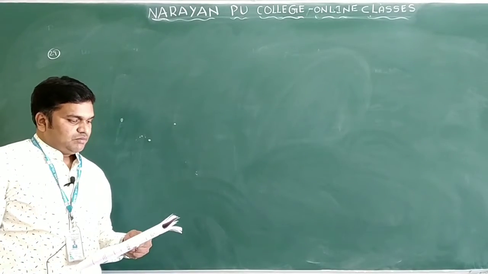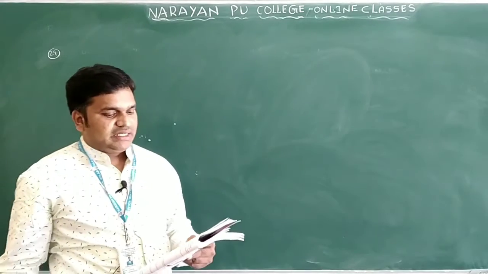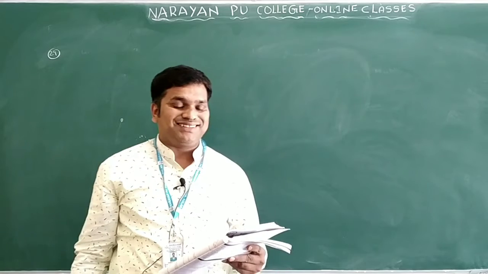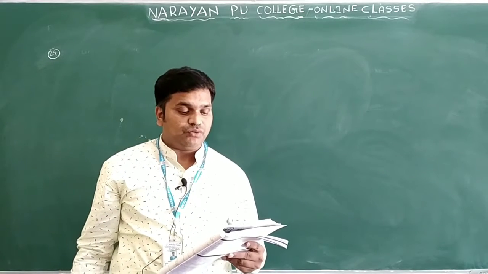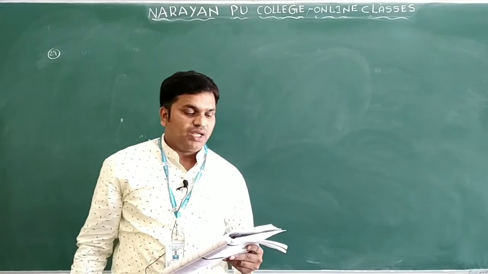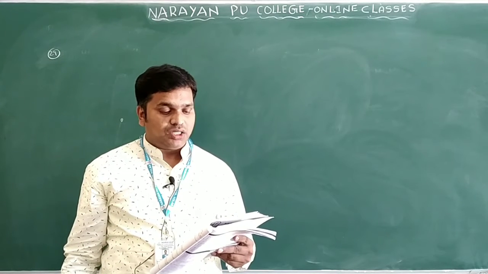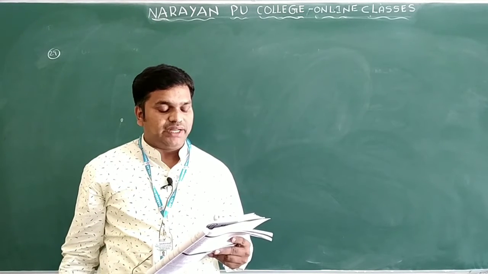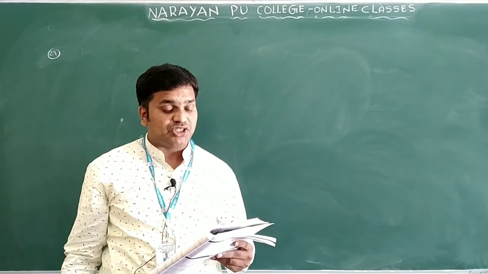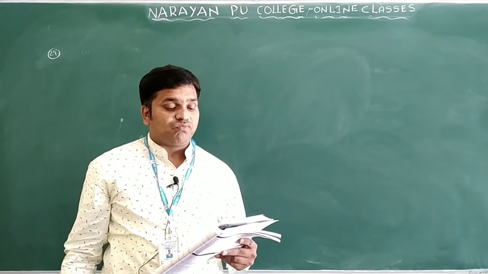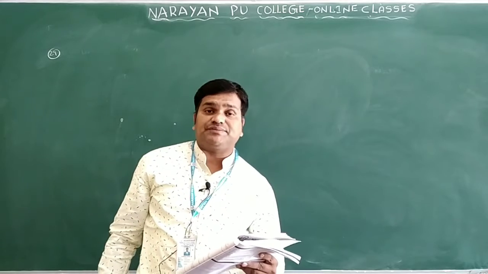So the next question, question number 28. The equivalent conductance of 1 molar benzoic acid is 12.8 ohm inverse centimeter square. If the conductance of the benzoate ion and H plus ion are 42 and 288.42 ohm inverse centimeter square respectively, the degree of dissociation is asked.